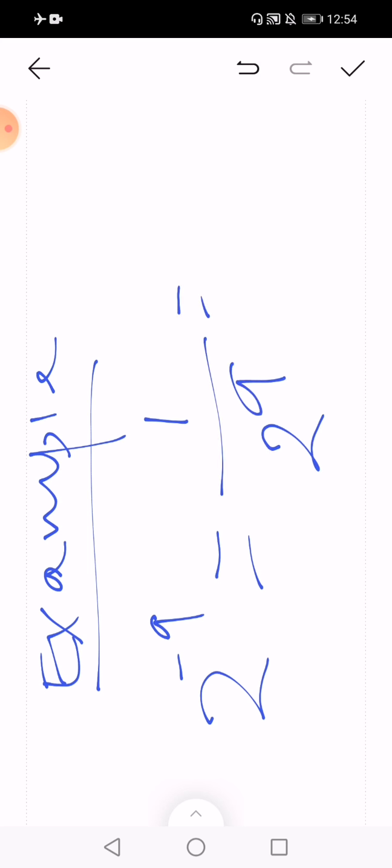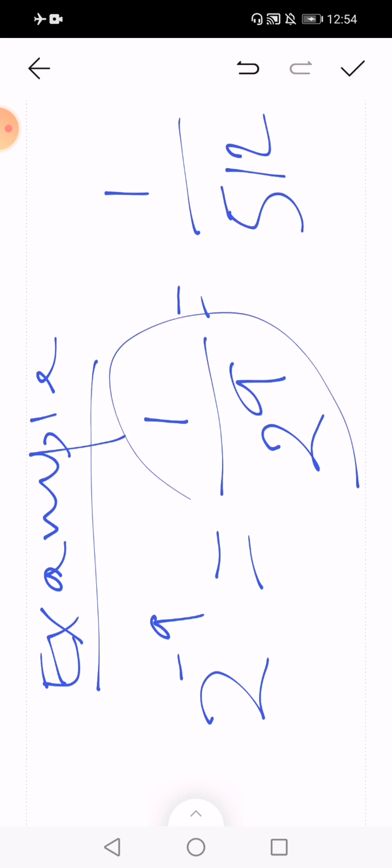Then you can simplify that one. 2 to the power 9 is 512, so it is 1 over 512. But you can leave your answer like this, just to show that you understand the meaning of a negative index.